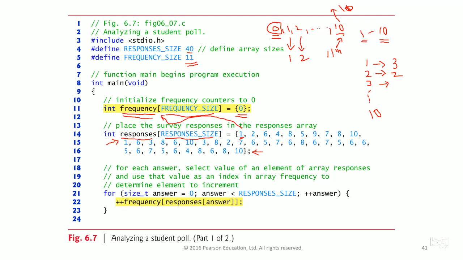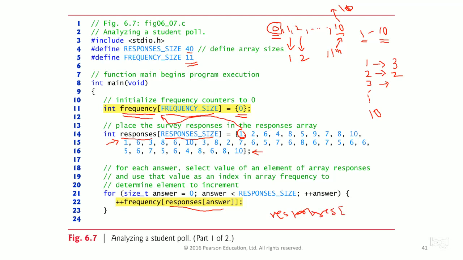We have this for loop here, which goes from 0 to response size, which is 40. So we are going through our responses array whose size is 40. Let's look at answer number 1. Sorry for the bad handwriting, I'm writing with the mouse.